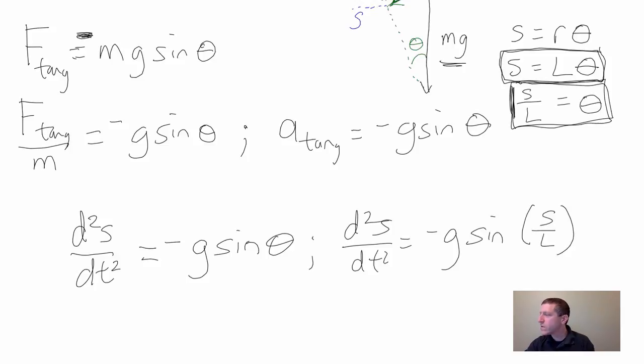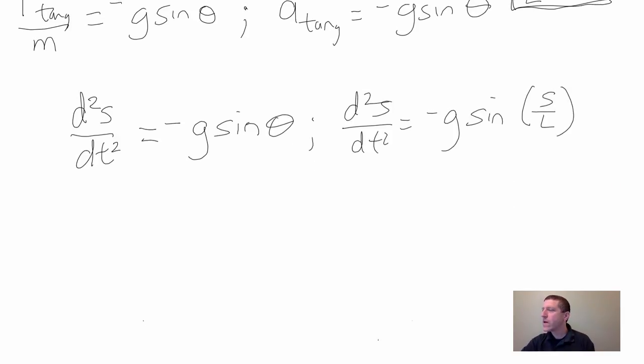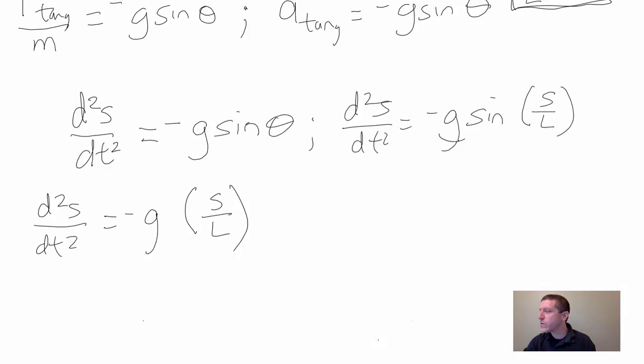And I still have to do the same substitution for small angles. Where you substitute for small angles, the sine of s over L is equal to the angle itself, s over L itself.